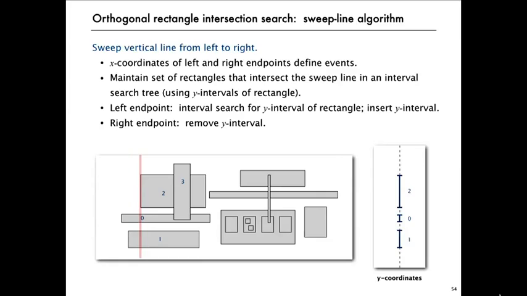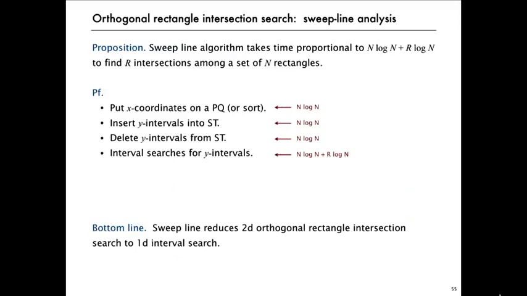If it's the left part of a rectangle, then we put that interval into our interval search tree. So in this case, we put on 0, and then we put on 1, and then we put on 2. And that'll give us now 3 rectangles on our sweep line. And so now the question is, when we hit a new rectangle, we want to do an interval search if we're at the left, to check which ones intersect. And the interval search tree algorithm is going to tell us which intersections there are right away. When we reach the right, then we remove intervals and so forth.